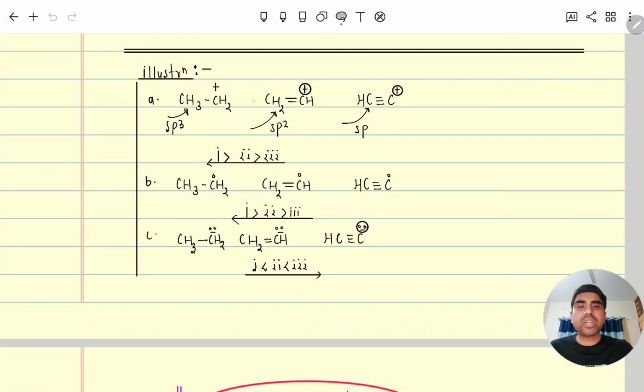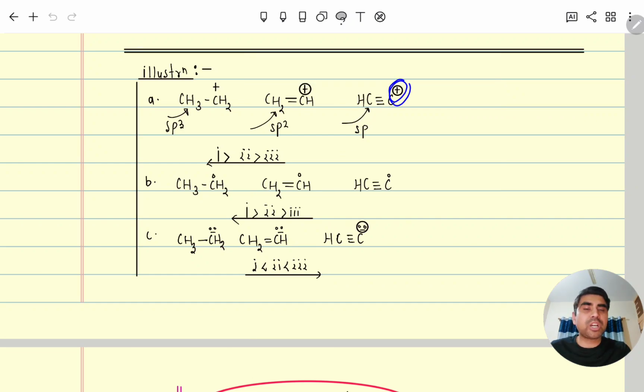Moving further, like here you can see charge containing atoms are different. Charge containing atoms are different. So we will not decide stability here by resonance, hyperconjugation or inductive effect. Here we will decide by hybridization: sp3, sp2, sp. Since this is sp, the percentage of s character is more here, so it will withdraw the electron.